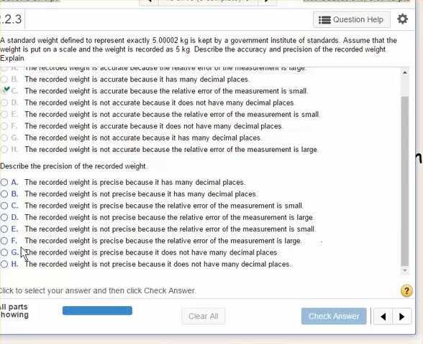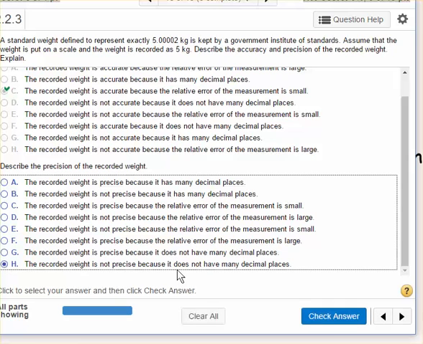No. Precise because the relative error is large? No. Precise because it does not have many decimal places? If that said not precise, I'd like it, but it doesn't say that. The recorded weight is not precise because it does not have many decimal places. Ding, ding, ding. It's H.